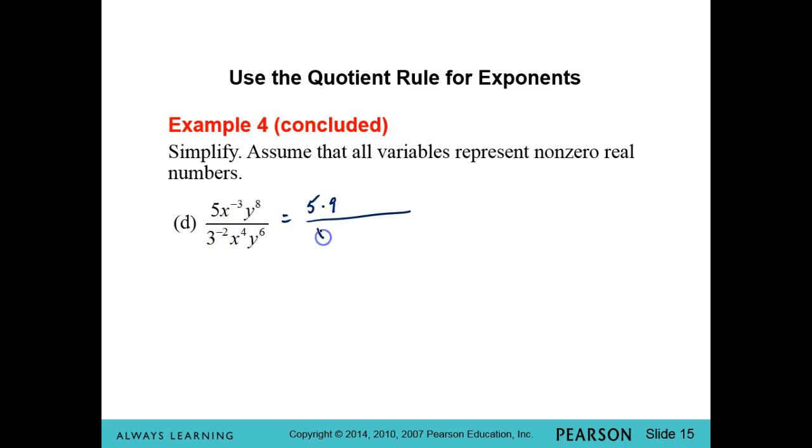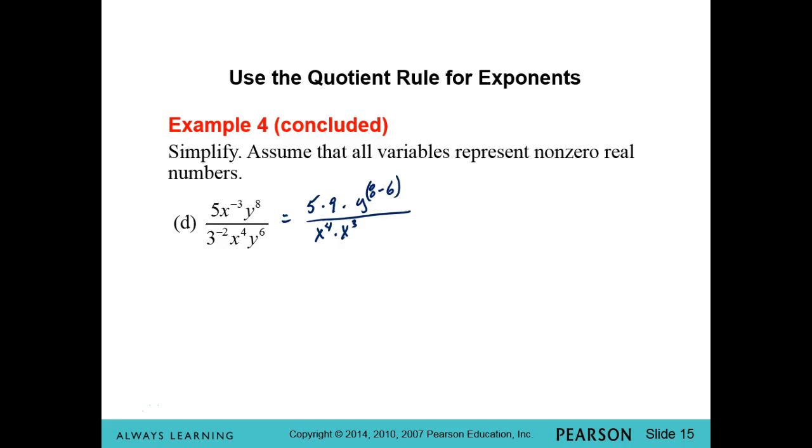X to the 4th stays where it is, but what happens to x to the minus 3? It moves downstairs and becomes x cubed down there. Okay, y to the 8th stays y to the 8th upstairs, but then what happens to y to the 6th? Yeah, since it's the same y, you can subtract the exponents like that. Now, you don't have to. We didn't quite do it that way, but you could have.